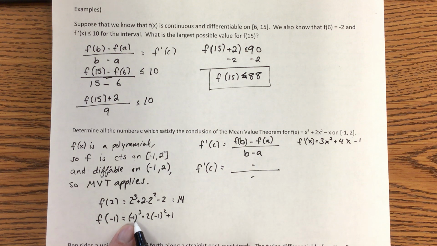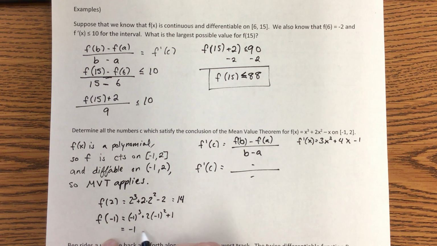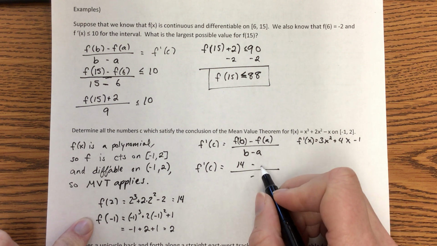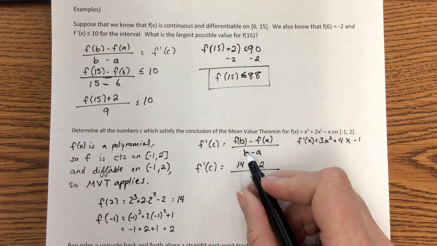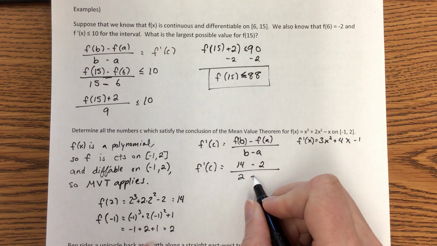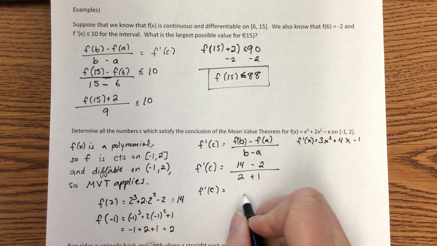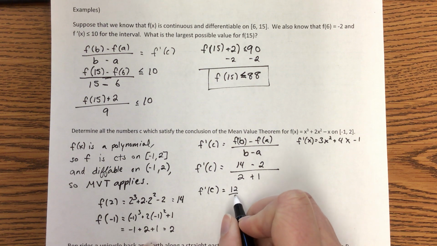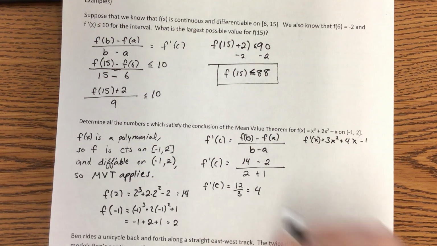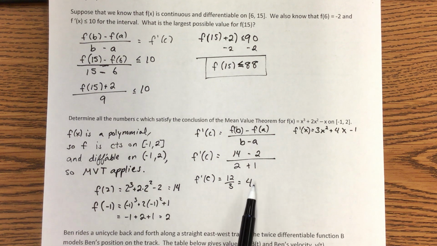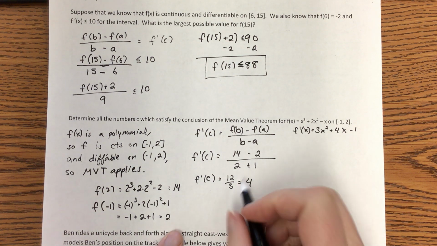And down here, -1 plus, that would be a positive 2, plus 1 equals 2. So f of 2 is 14. F of -1 is 2. B was 2, and A is -1. So f prime of C has to equal 12 over 3, which is 4. So the slope between our two endpoints is 4.